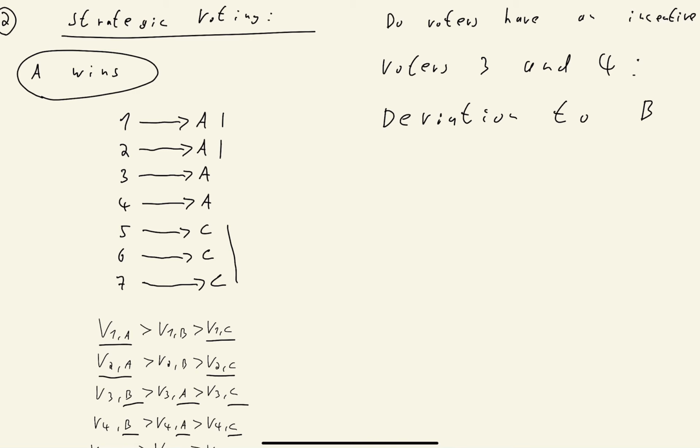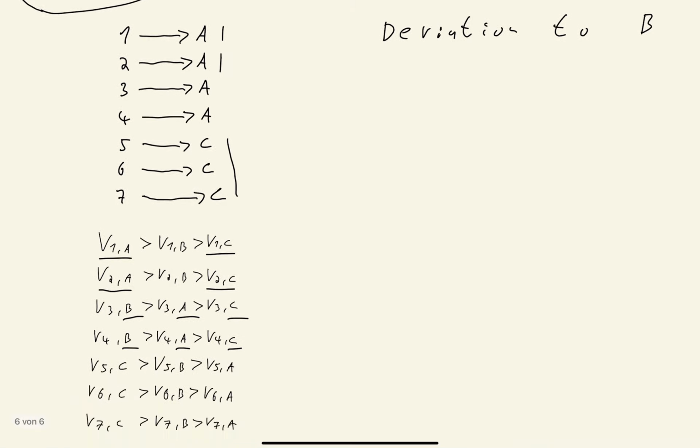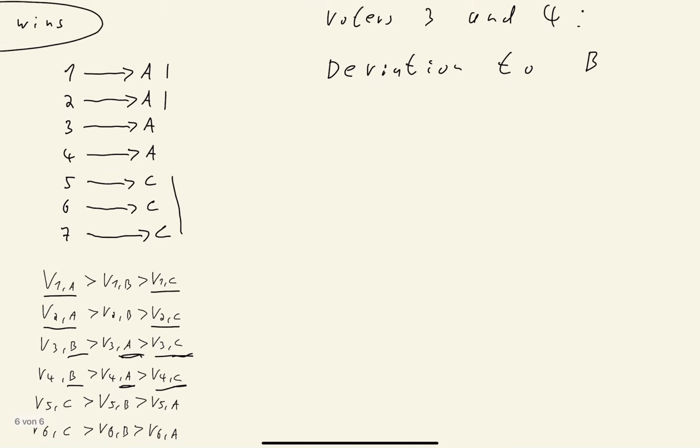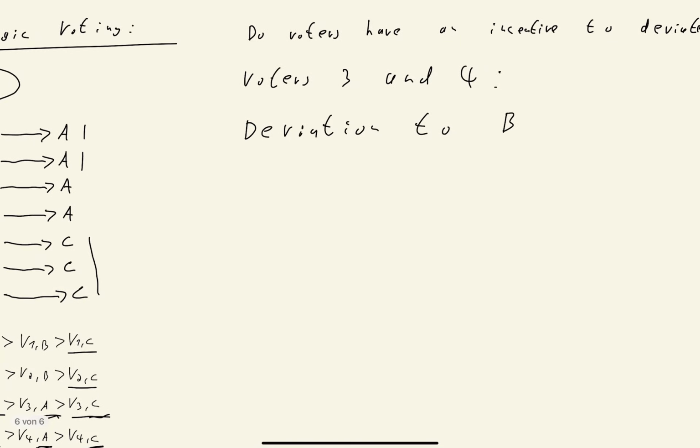And as a consequence, candidate A would only win with 50% likelihood compared to a situation where they would have a certain win of candidate A. And hence they would switch from an outcome where A would win with certainty to a situation where there is a likelihood that the candidate which they least prefer wins. This is the reason why there is no incentive to deviate to candidate B for voters 3 and 4.